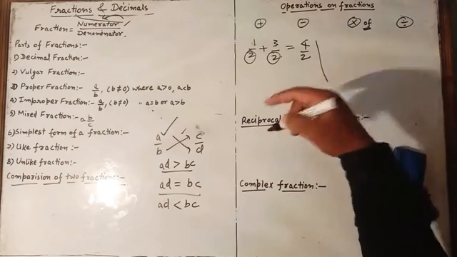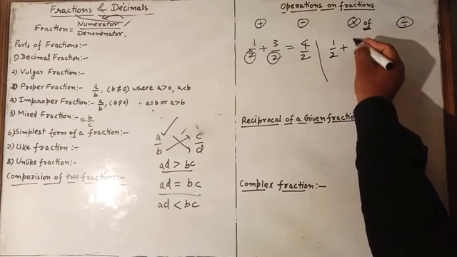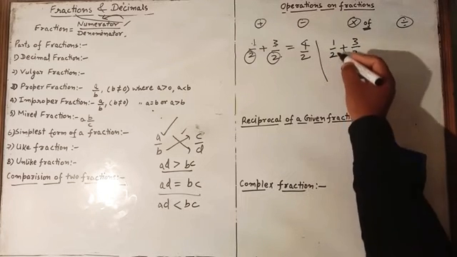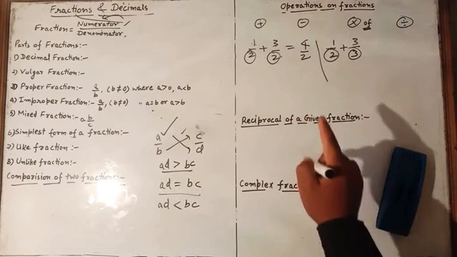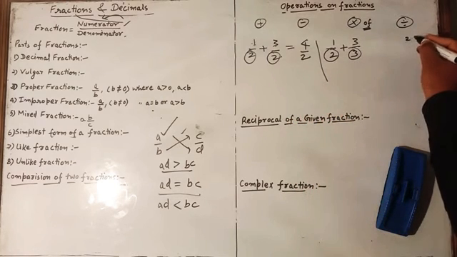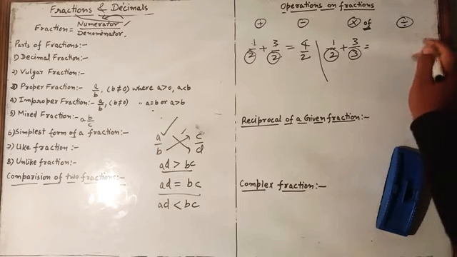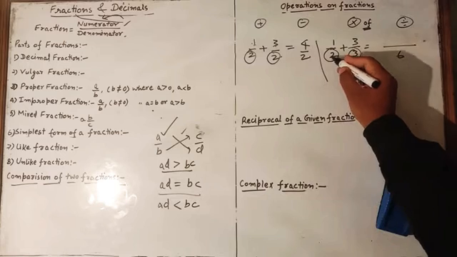But if these are unlike fractions, like 1 by 2 plus 3 by 3, then the denominators are not the same, so first we will take the LCM of 2 and 3. The LCM of 2 and 3 will be 6. So what we will do here is write the LCM 6 and make the denominator 2 up to 6.